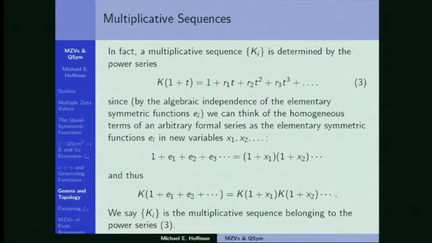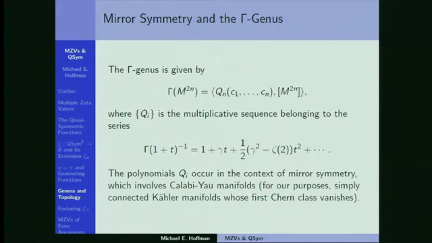If you take the multiplicative sequence belonging to the gamma function, or not quite the gamma function, but gamma of 1 plus t reciprocal, it turns out that this was the multiplicative sequence that I happened across in the journal, in a paper by Libgober. Well, I knew about that function, and I figured, oh gee, I guess I can figure some things out about that in terms of multiple zeta values.